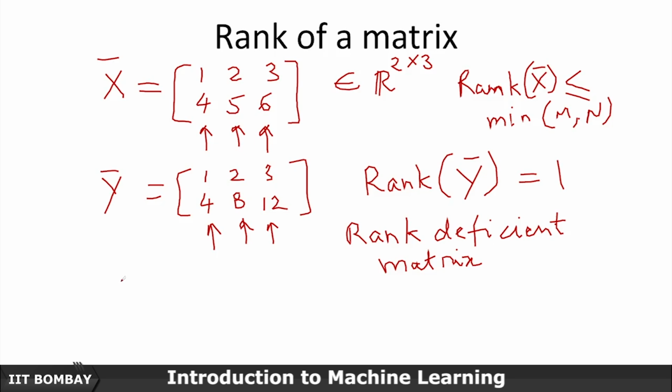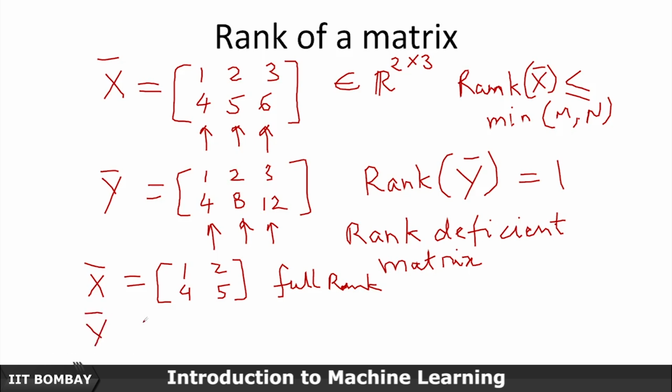So, if you have a 2 by 2 matrix, so let us say your X was 1, 4, 2, 5. So, this is full rank because the expected rank for a general 2 by 2 matrix is 2, and it satisfies that. But if we had 1, 4 and 2, 8, then this would be rank deficient.